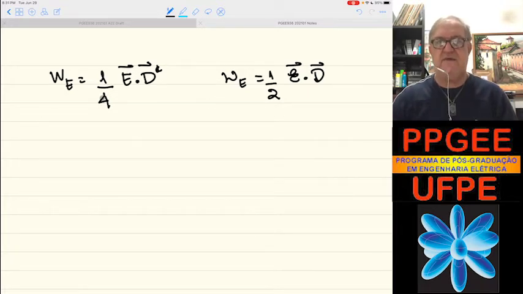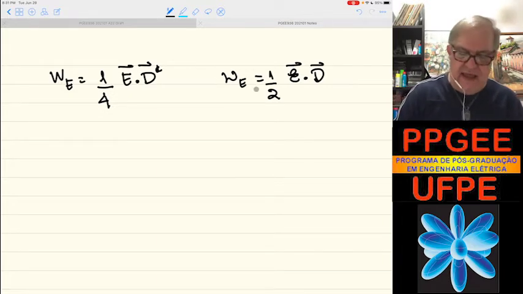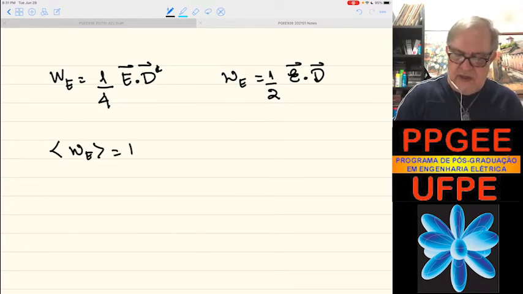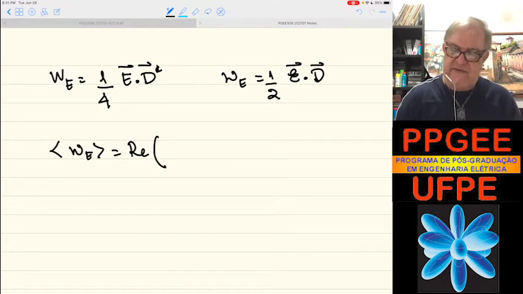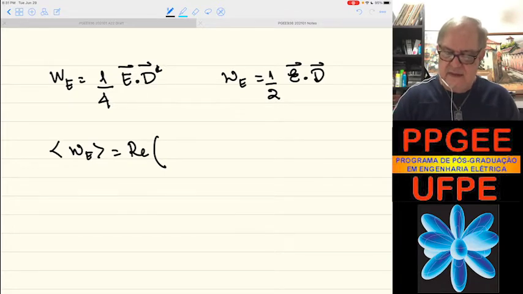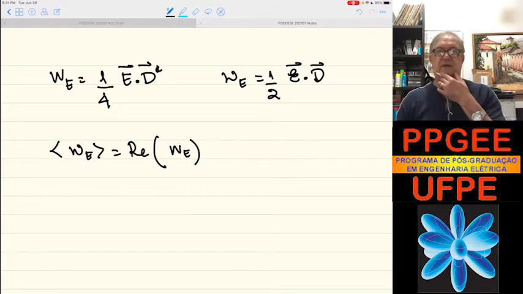That's why we have a quarter. The real part of this is going to be the stored energy average value. So the average value of W_E equals the real part of W_E. That's what it's going to be.